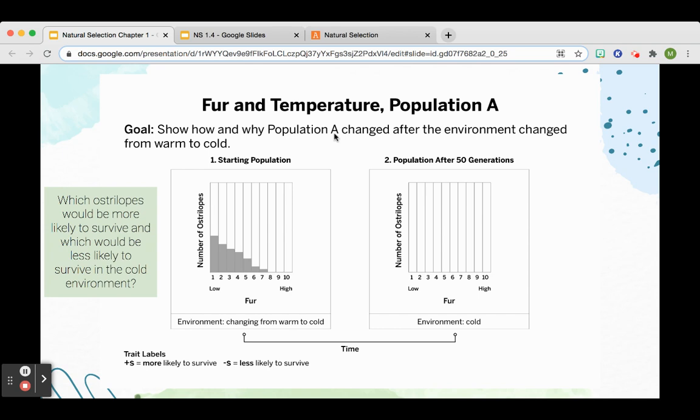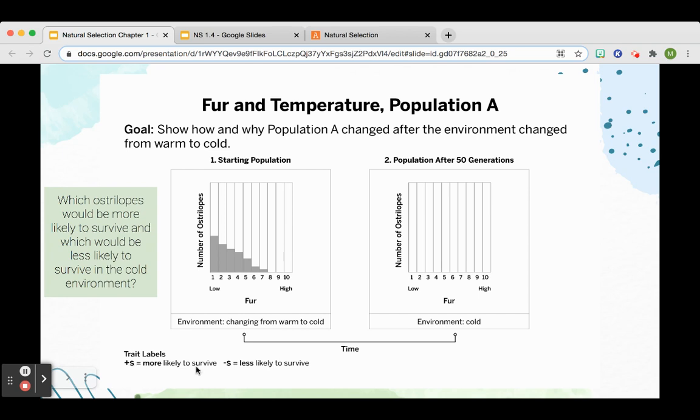And I would want to predict what the population will look like after 50 generations. It tells me down here that my environment is changing from warm to cold. So thinking about a warm environment, these things might not need so much fur as it gets to a cold environment. They might need more.